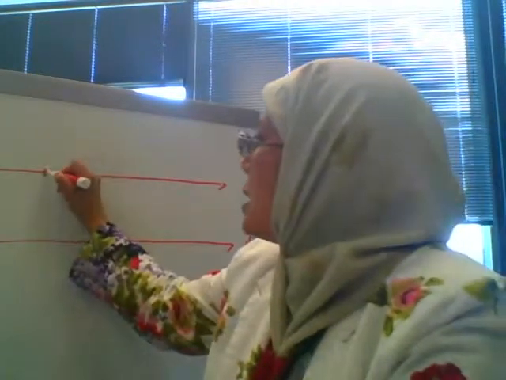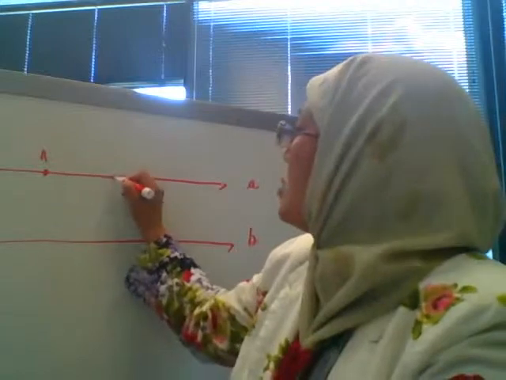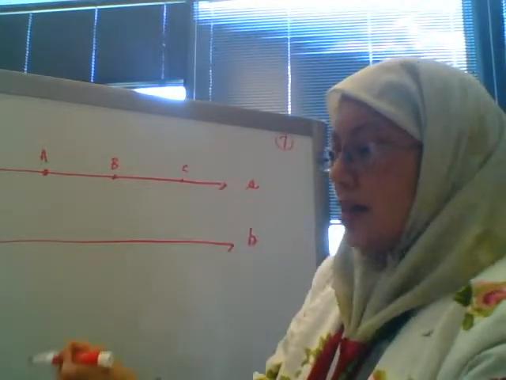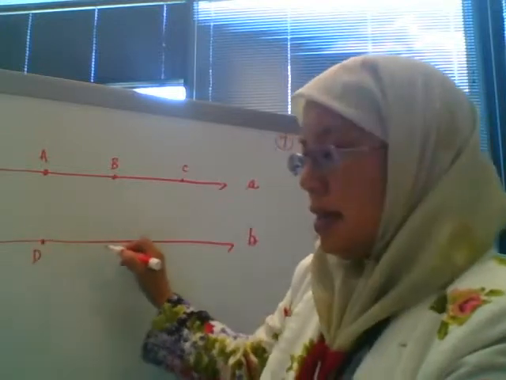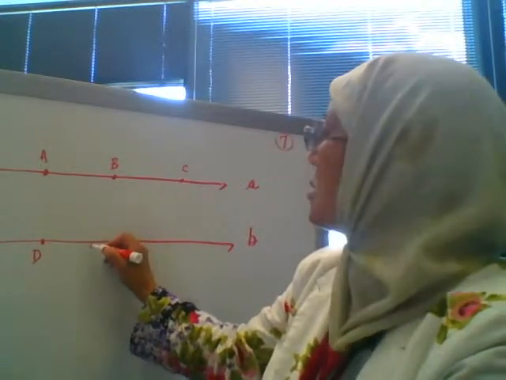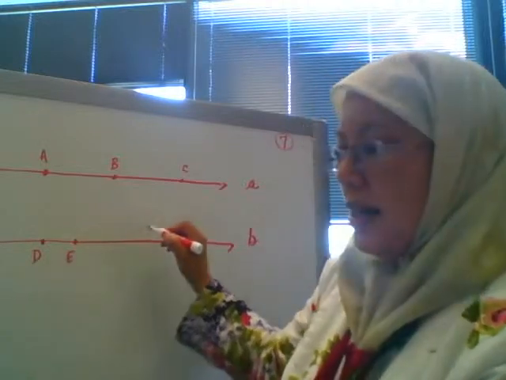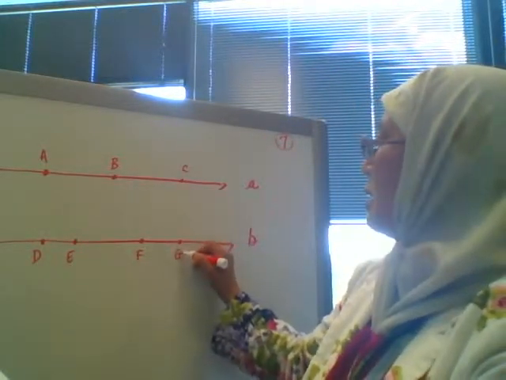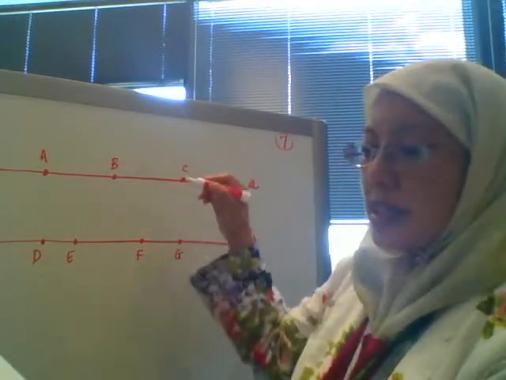So we're given some points, A, B, and C, and then down here, D, E, F, and G. Then we have a line coming down.